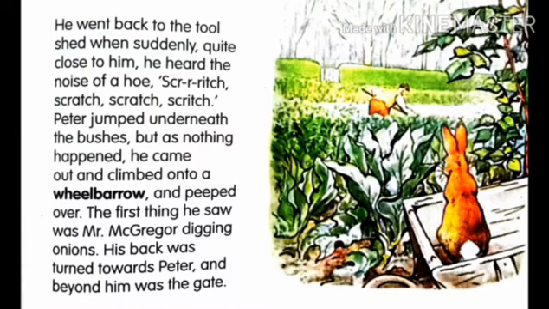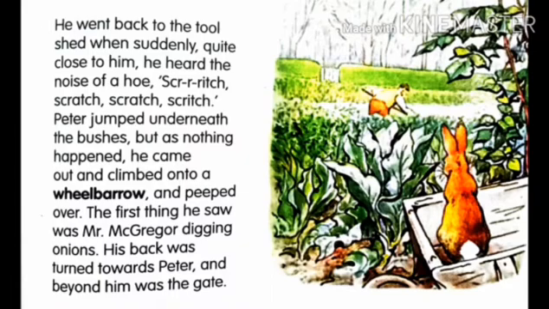Now he didn't get any way to go. So he went again to the tool shed, and suddenly what noise did he hear? So this is the noise. That means he can hear by using his ears that a scritch scratch sound came. It is the sound made by a hoe. A hoe is an instrument which they use in the garden to cut things. Okay, now Peter jumped underneath the bushes. What did Peter do? He jumped because of hearing the noise.